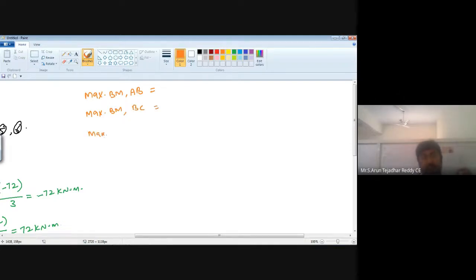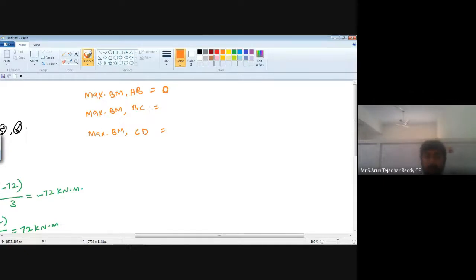Next, for span CD. If you observe the problem clearly, A to B, we don't have any load. Now, B to C, we have a uniformly distributed load.